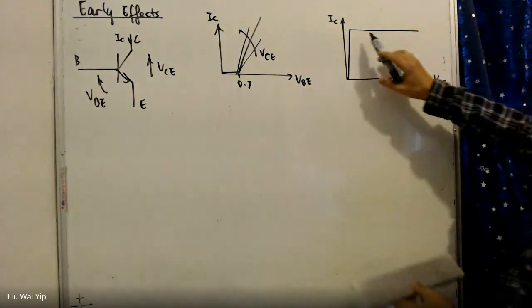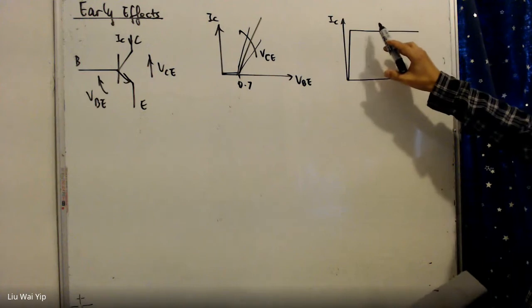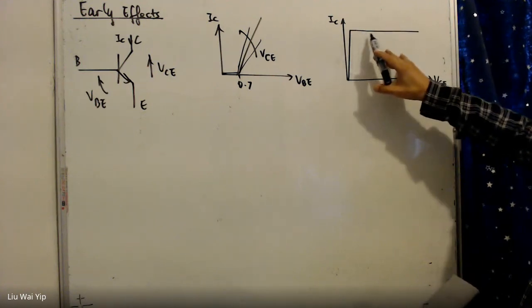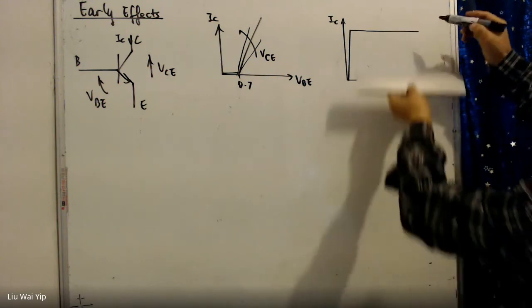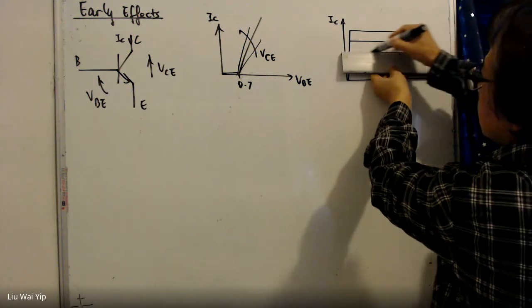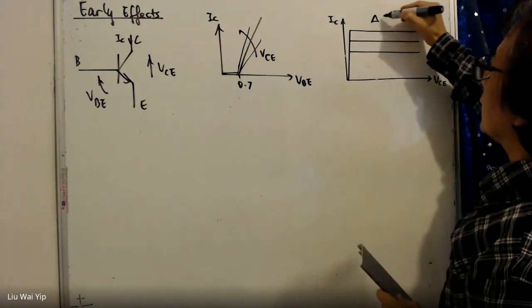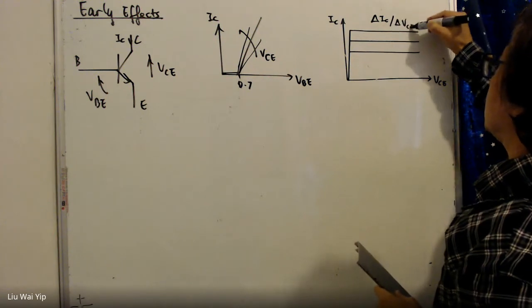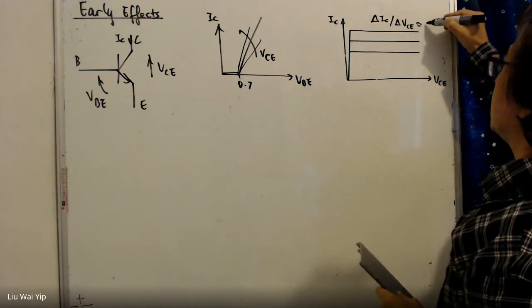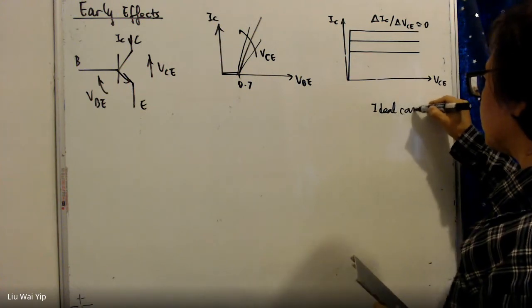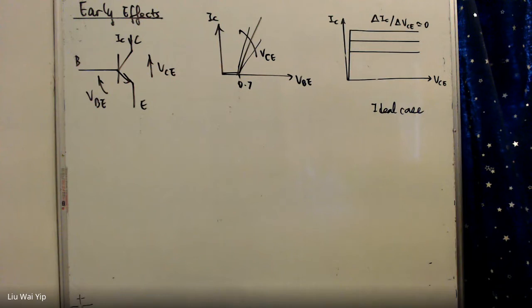The curve in this region, the slope at this region, is almost zero. And this is the ideal case. So this is a very, very phenomenal discovery.